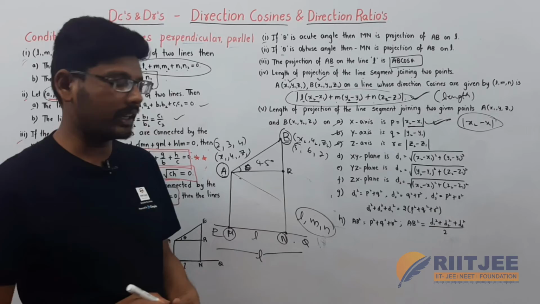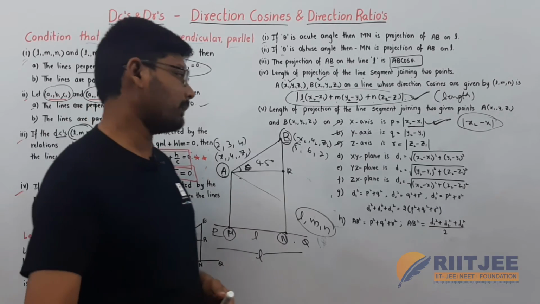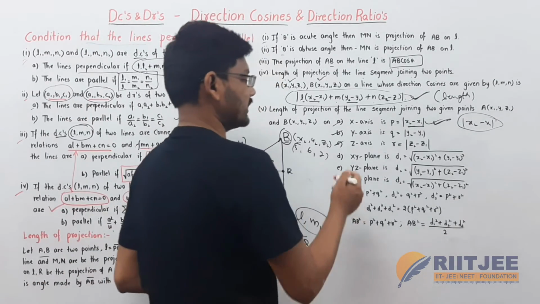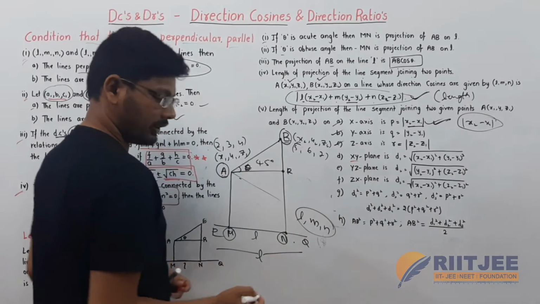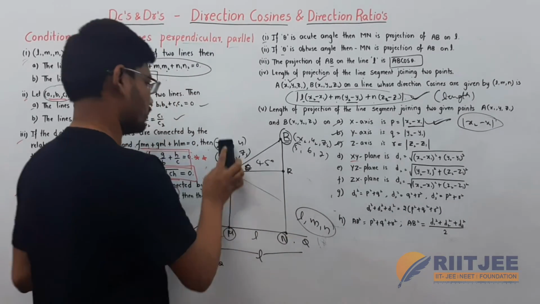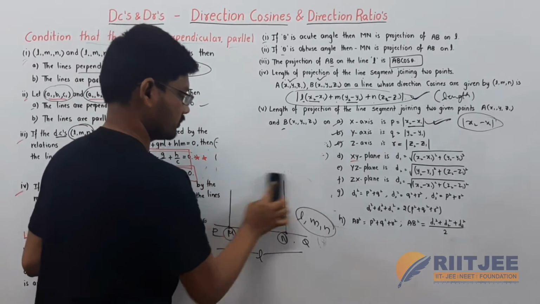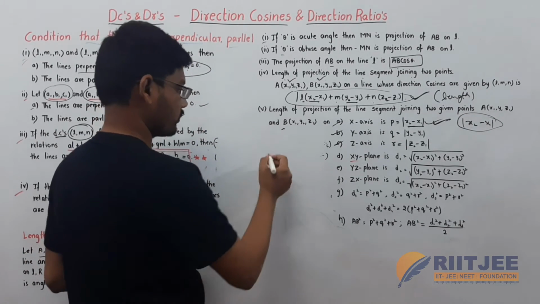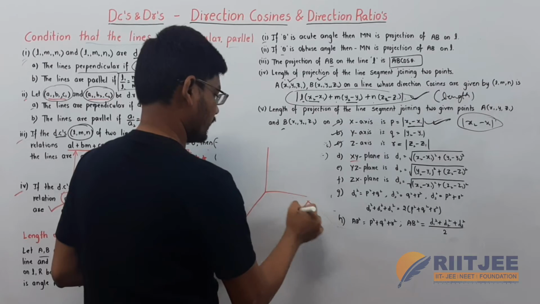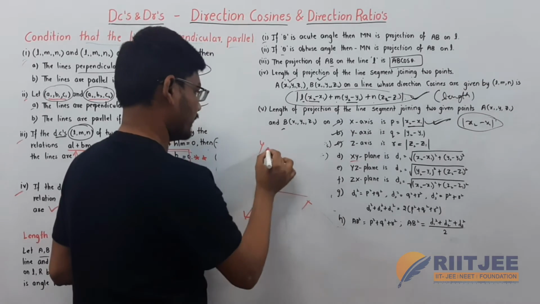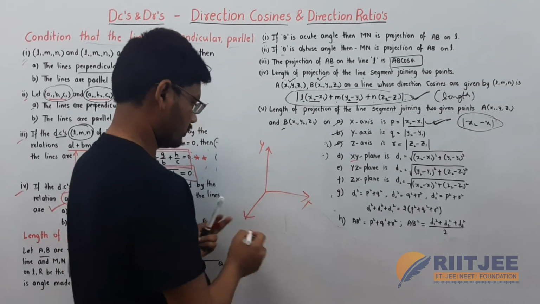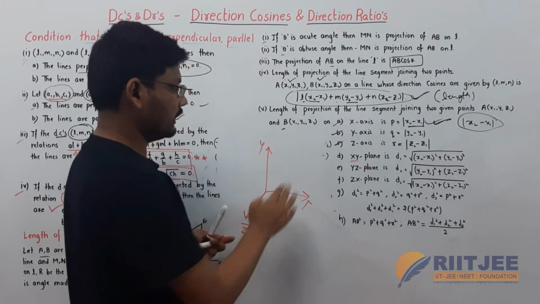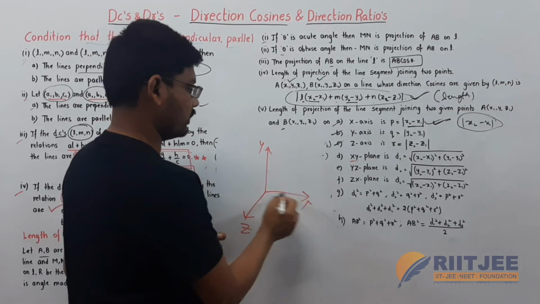And the next point is the xy plane. For example, x, y, z here. This is an xy plane.